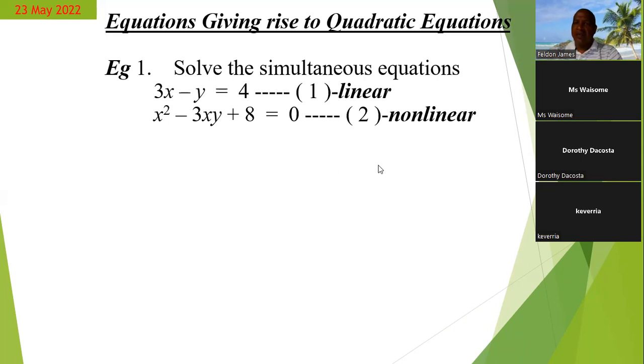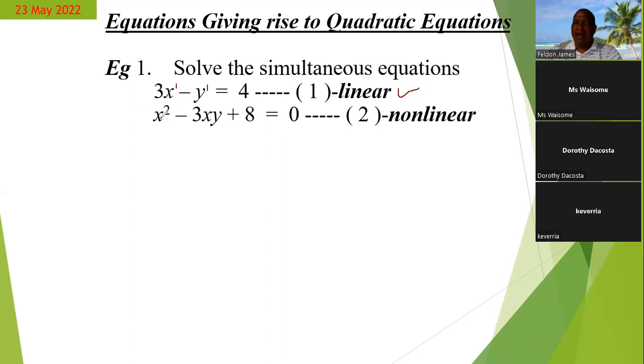then you cannot use the elimination method, because you're going to get two equations. In this case, one is linear and one is nonlinear. How do you know when the equation is linear? You look at the power. For the power of x, it is to the power 1, and the power of y is to the power 1. So if the power is 1 for both variables, then it is linear.